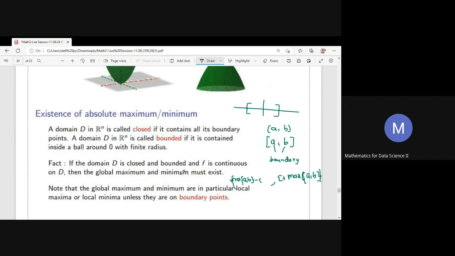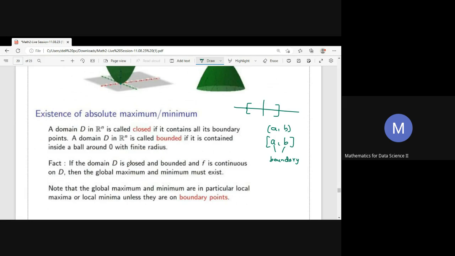That is going to give you an interval which contains the interval a comma b. In the same way, bounded sets in Rn are contained in an open ball centered at the origin with finite radius. So you know what is closed and bounded now.